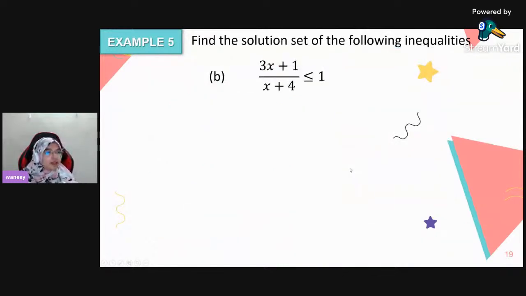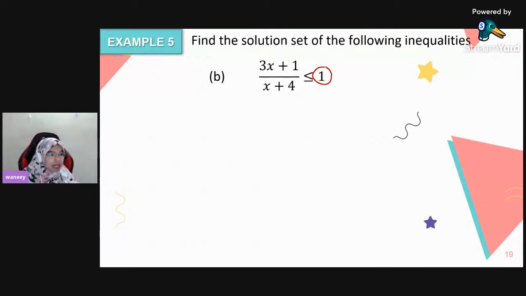Okay, so now find the solution set for this one. So we got 3x plus 1 over x plus 4 less than or equal to 1. Do you guys remember the first thing that I told you is that you must make sure that the right hand side is equal to 0. So since the right hand side of this one is not equal to 0, therefore I should bring it to the left hand side.